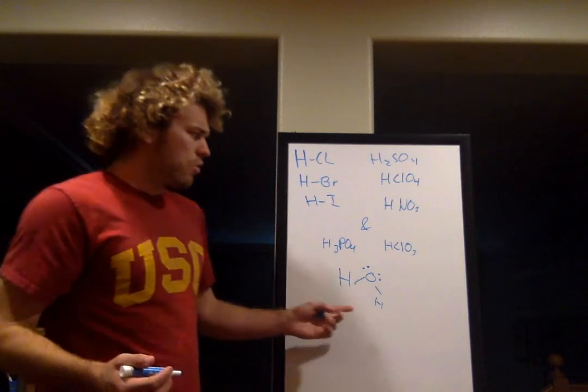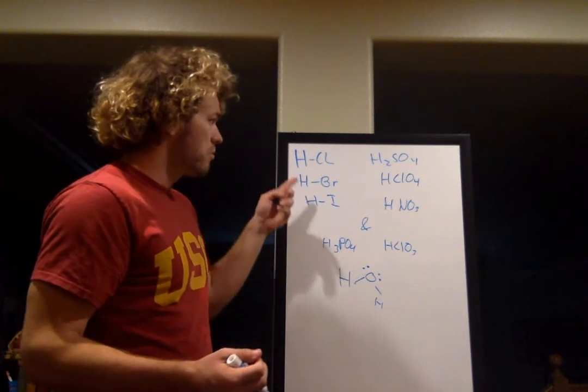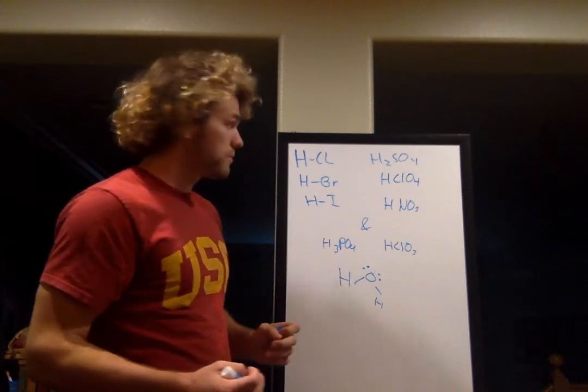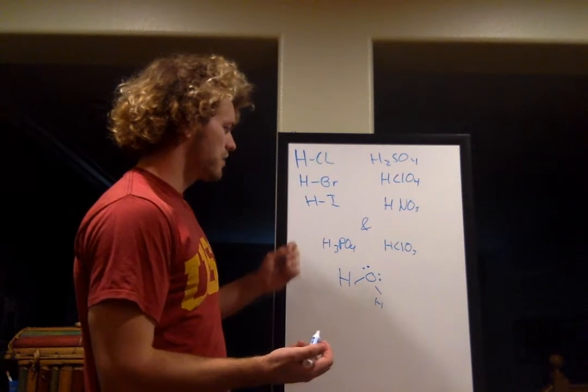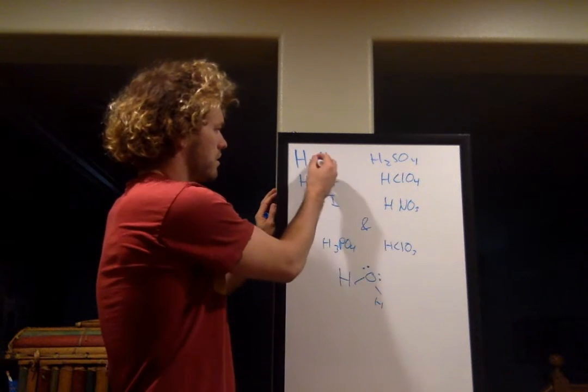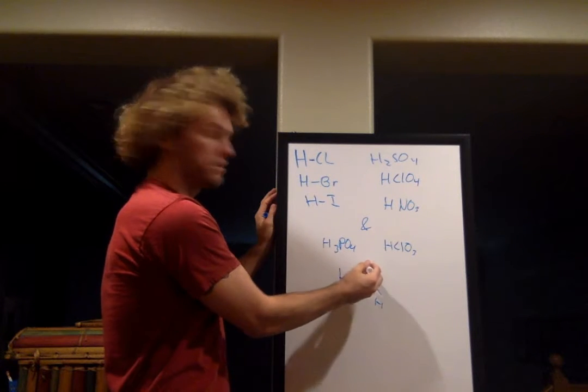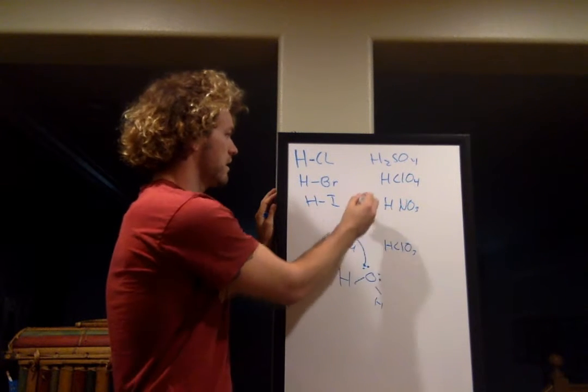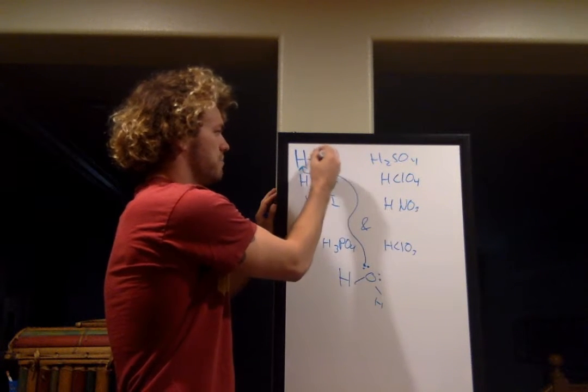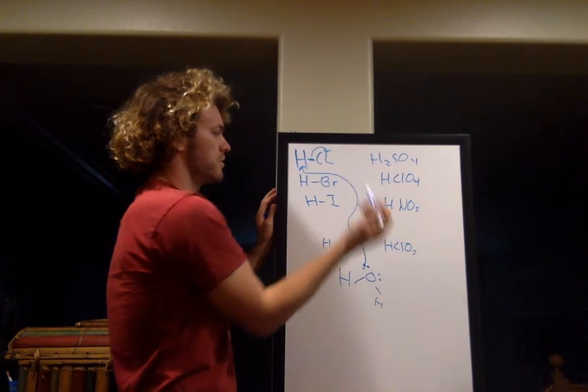Our water molecule is going to want to take protons off of all of these compounds. It's going to do that by, let's just say we're dealing with HCl, right? The lone pair of electrons is actually just going to attack your hydrogen, and the bond between the hydrogen and the chlorine is going to go to the chlorine.